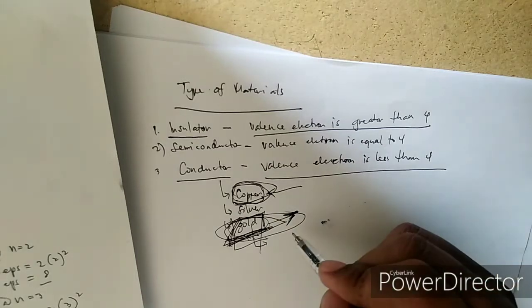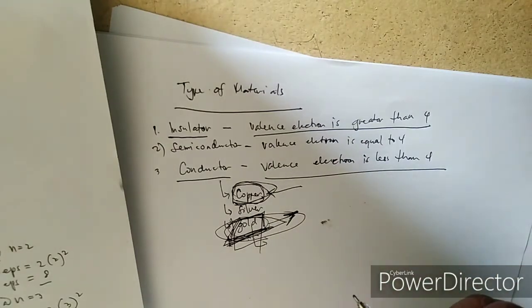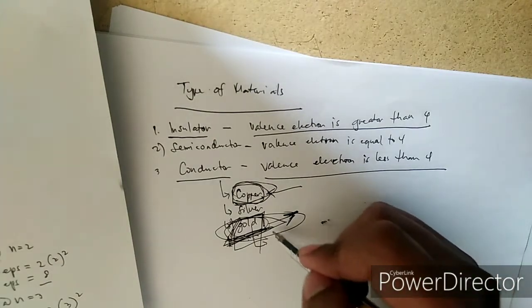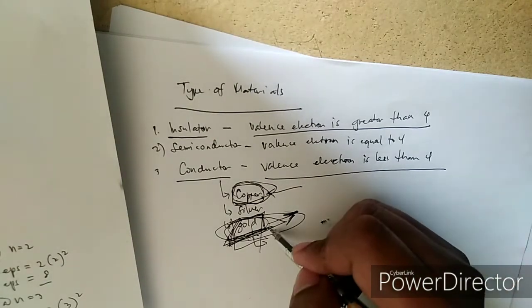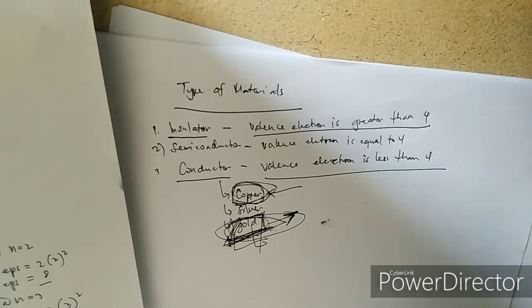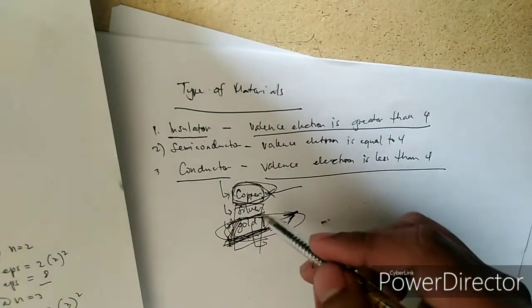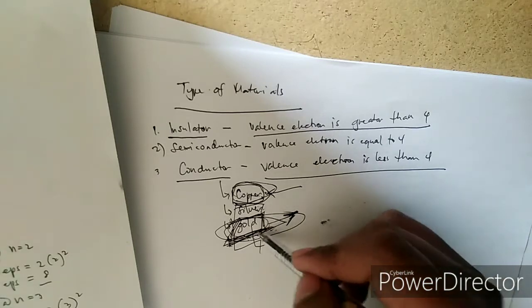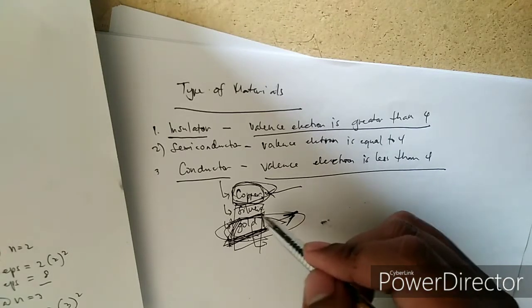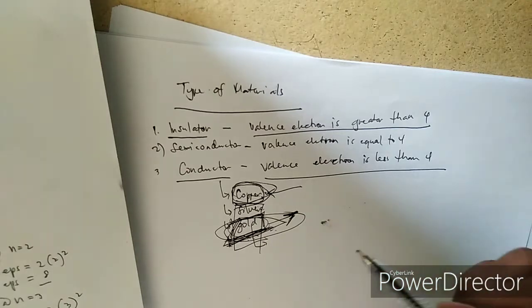But if you use gold in wiring, it is very expensive. Silver is also more conductive than copper, but these metals are very expensive, so they are very rarely used.